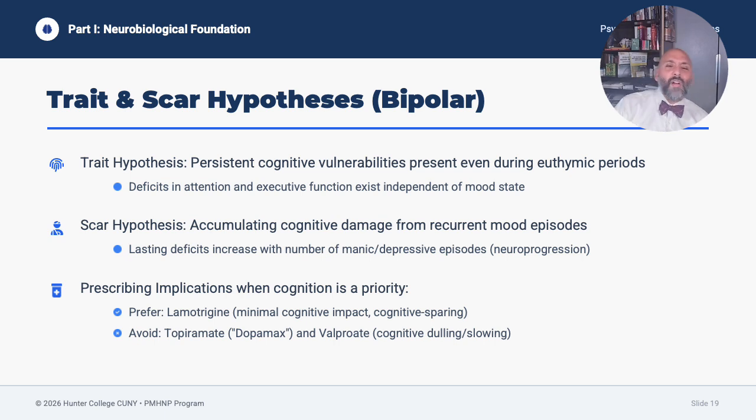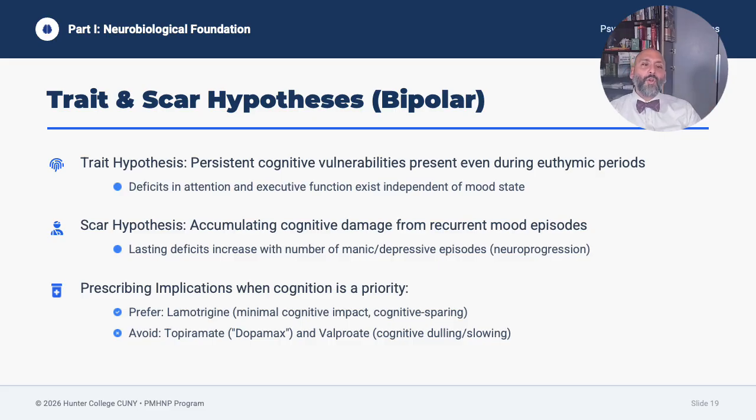So there's a scar hypothesis, and this is that episodes leave damage behind, right? The scar hypothesis adds this second layer. It's the idea that each mood episode leaves a mark. Every manic episode, every depressed episode. And recurrent mania and depression are considered neurotoxic over time, so those cognitive deficits may accumulate with episode burden.